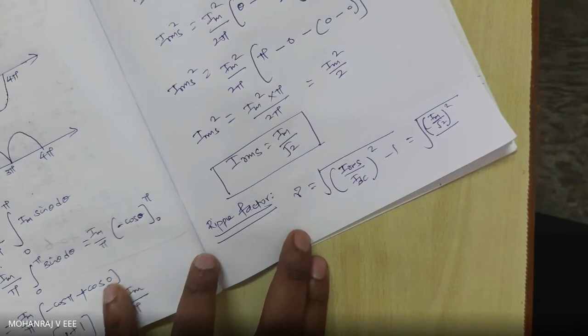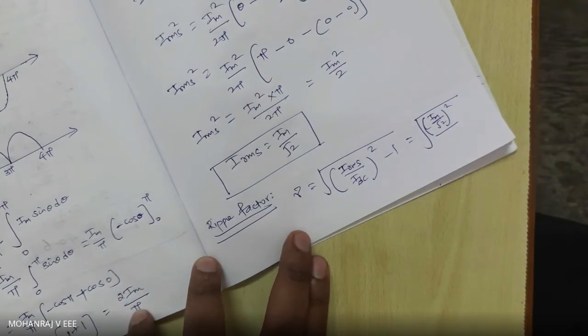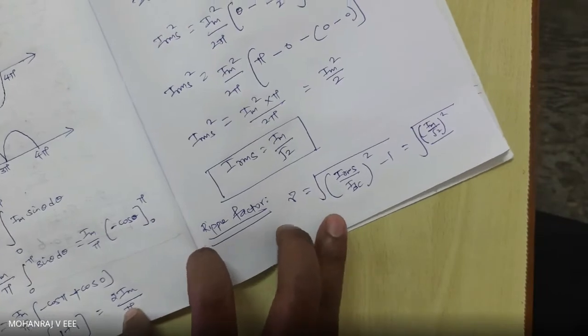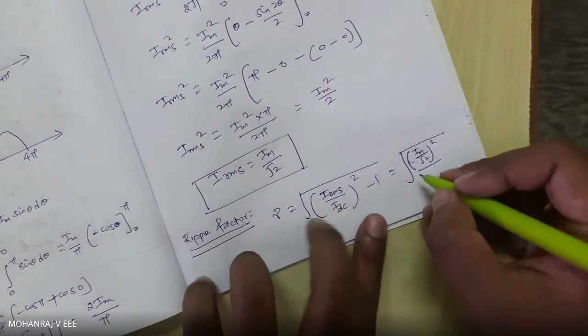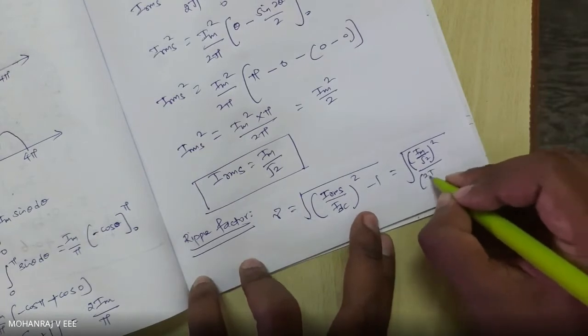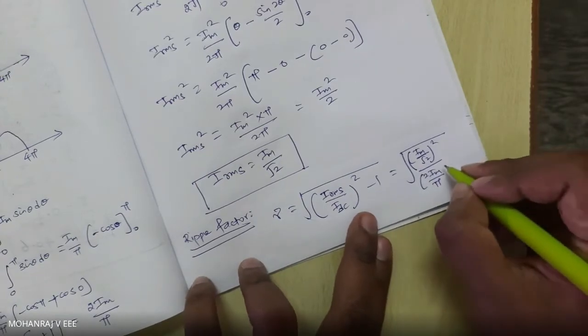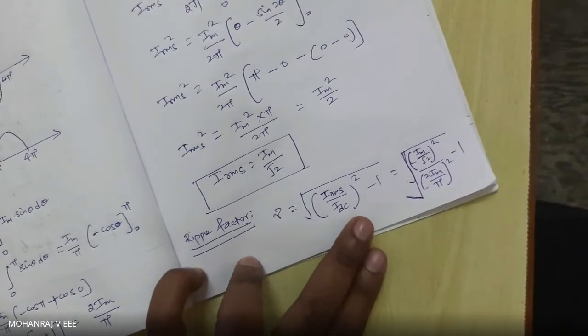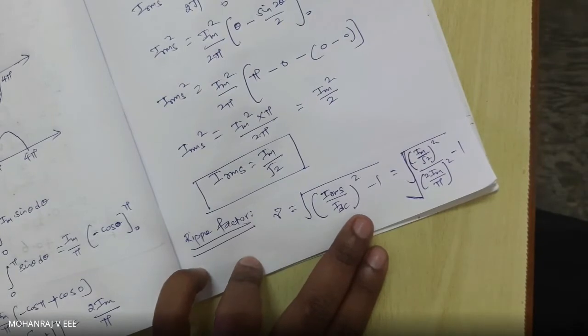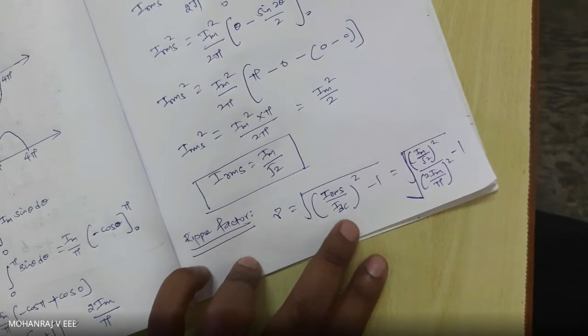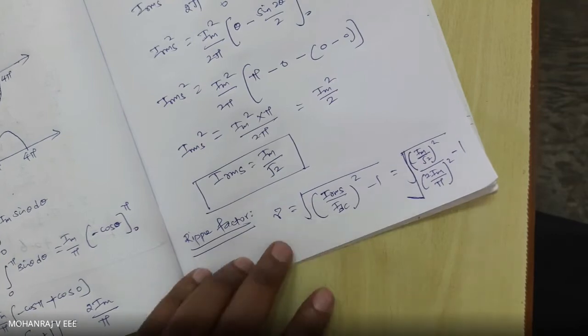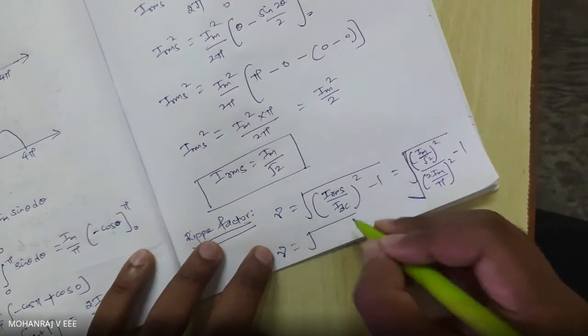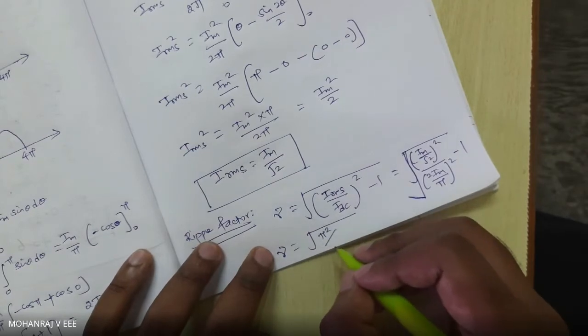My IDC is given by 2 Im by pi, square, minus 1. So what will happen? Im will get cancelled. We will have pi square by 8. So it is equal to root of pi square by 8 minus 1.